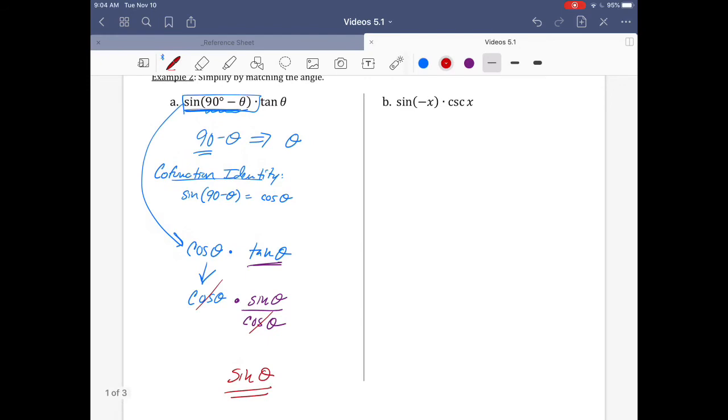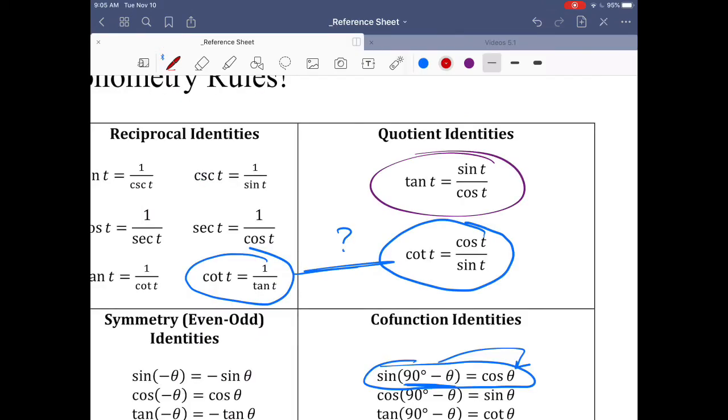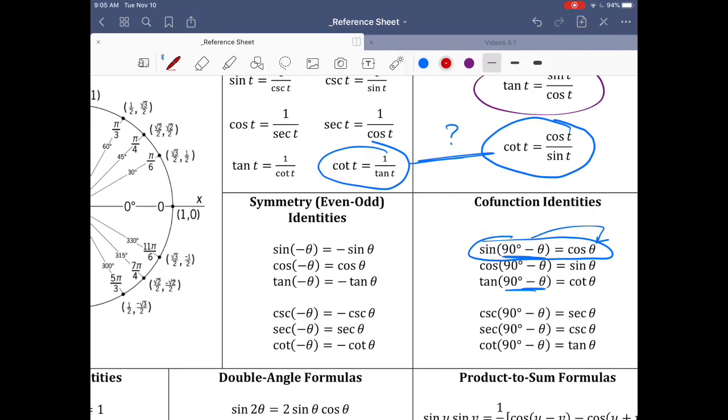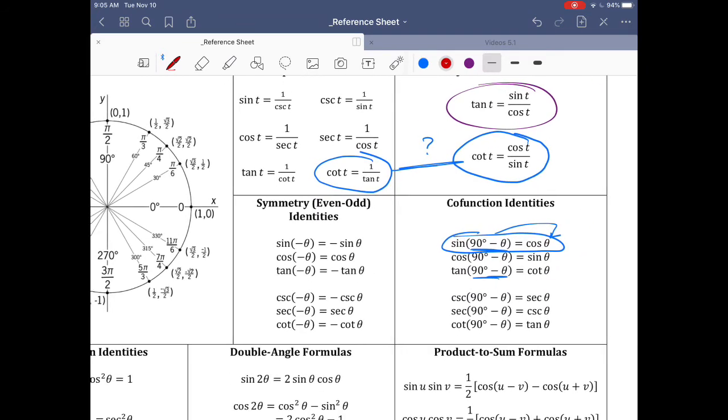Let's look at one more example here of an expression that has some small differences in the angle. Just like in part A, we looked at a way to get rid of the 90, let's look at a way to, quote unquote, get rid of the negative. The identities that have to do with negative angles are the symmetry ones here, the odd and even identities.